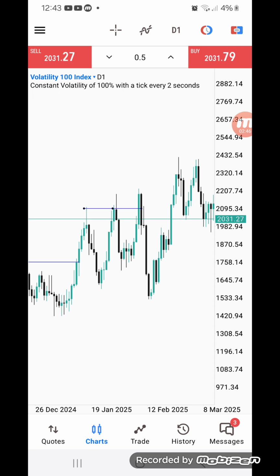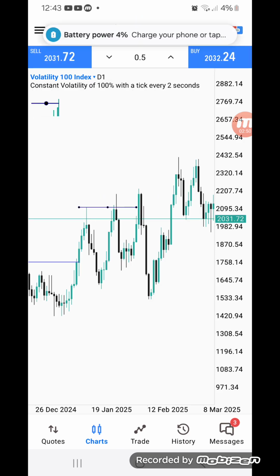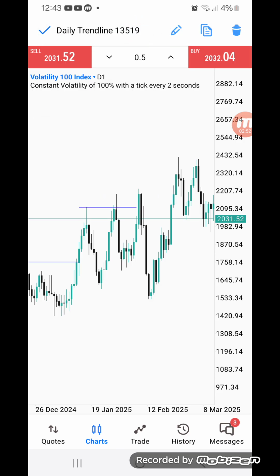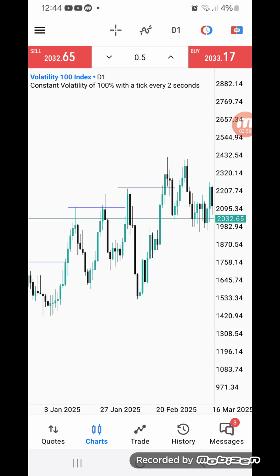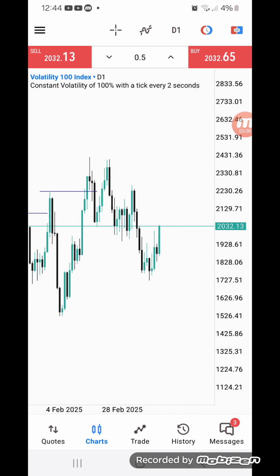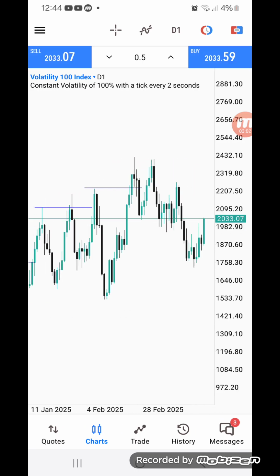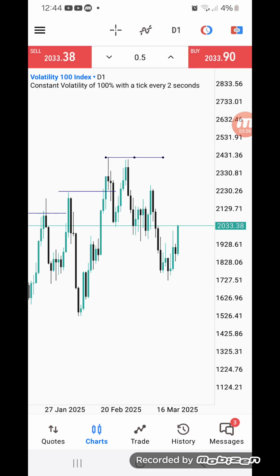I'm going to be a bit faster. Break of structure over there. There is also another break of structure over there. We are just marking the major break of structure, and also we have the buy side liquidity.